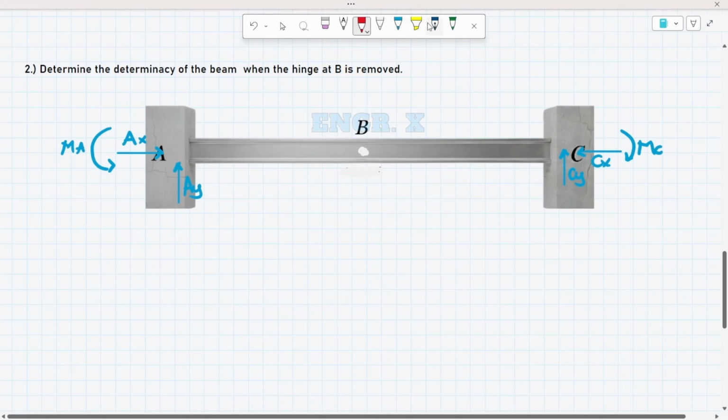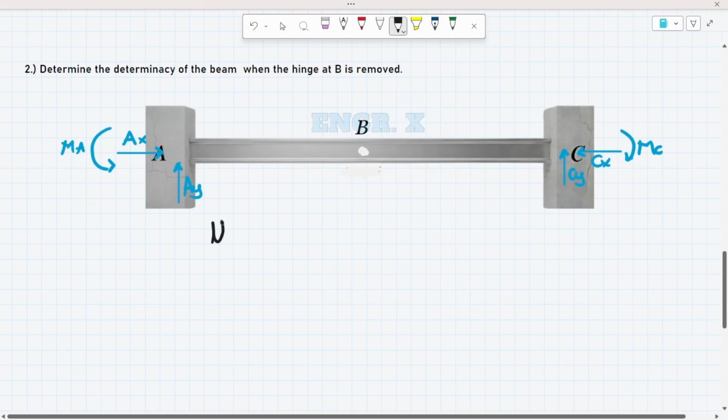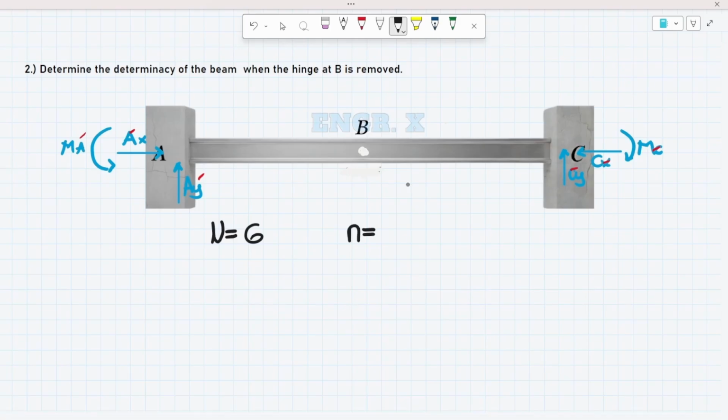How many is our unknown? That is, we have 1, 2, 3, 4, 5, 6. So 6 unknowns. How many parts do we have for our beam? That is only one part kasi wala nang internal hinge sa middle.